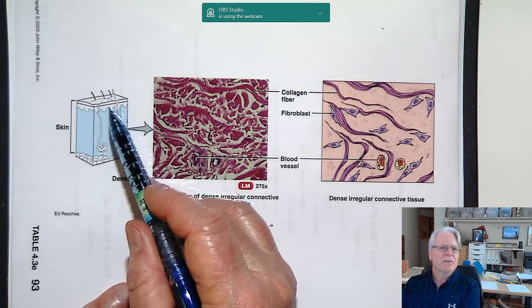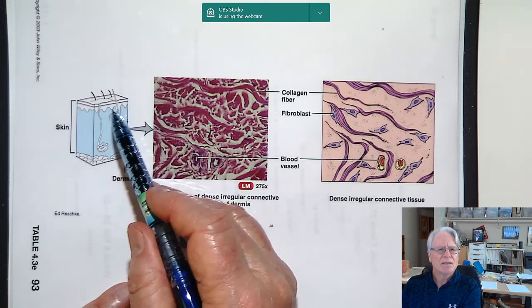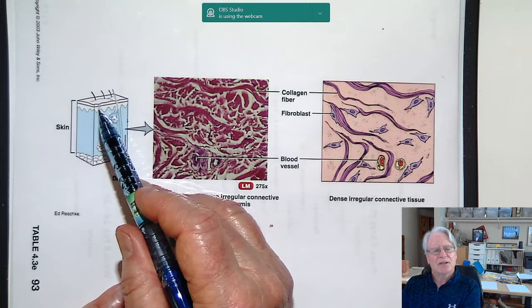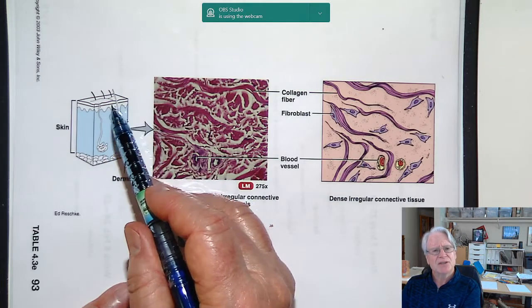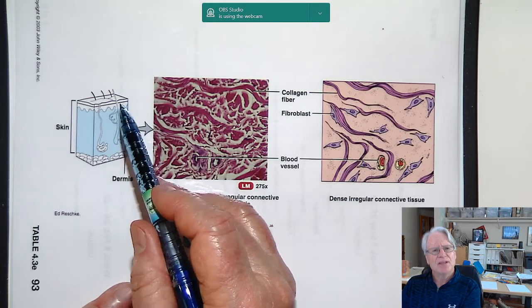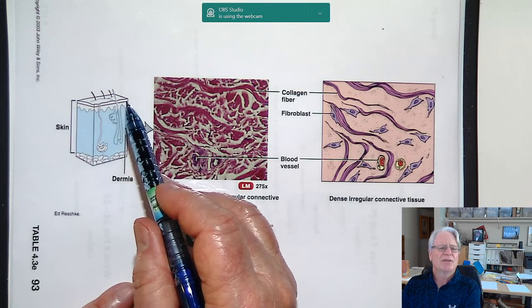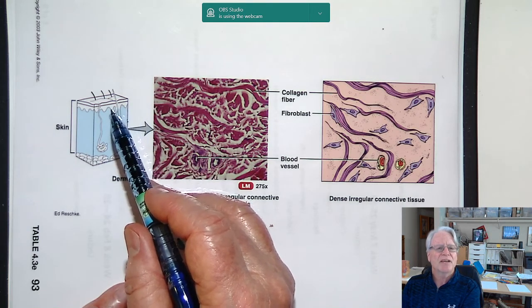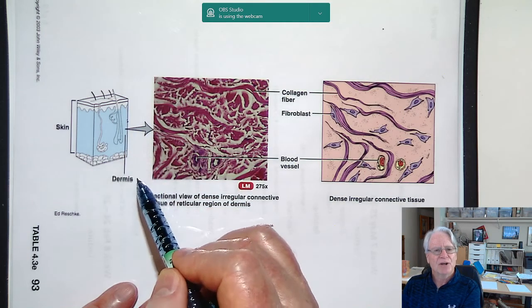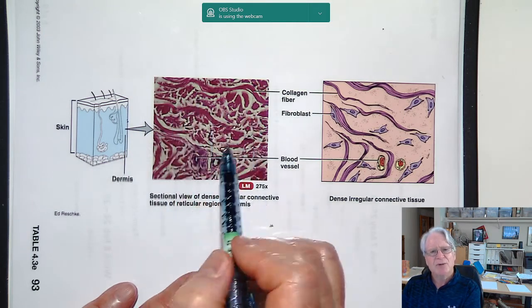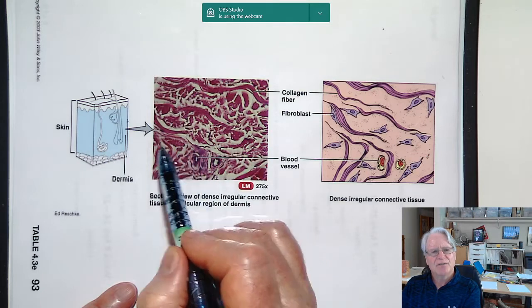So the skin that you can see on the surface is called the epidermis, above the dermis. And that's the skin that you normally think about when you think about skin. But underneath that is a very thick area called the dermis. And in that area, we have dense, irregular connective tissue.